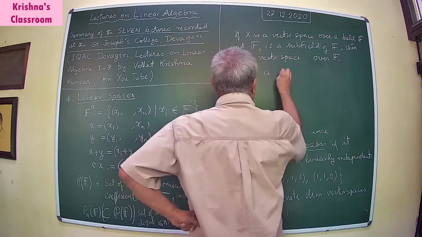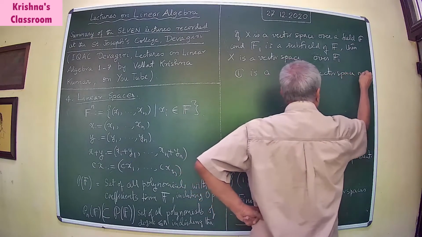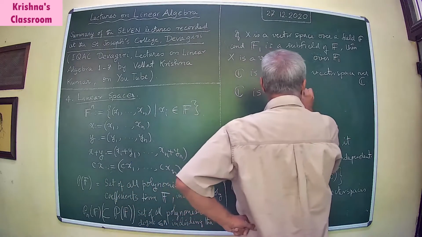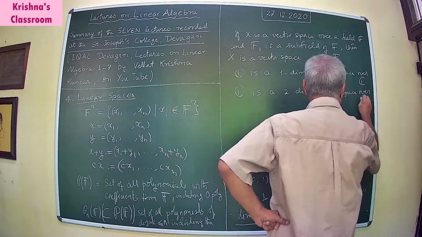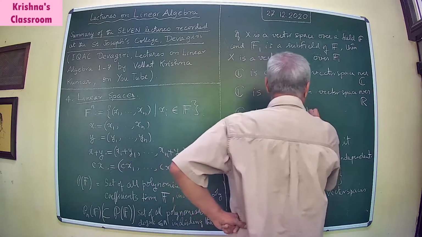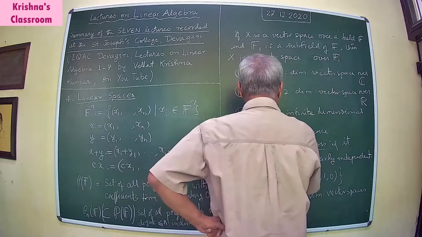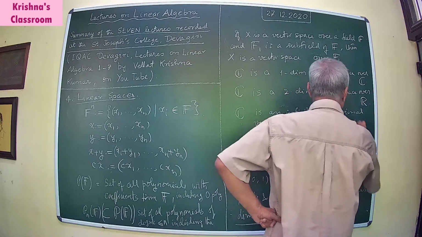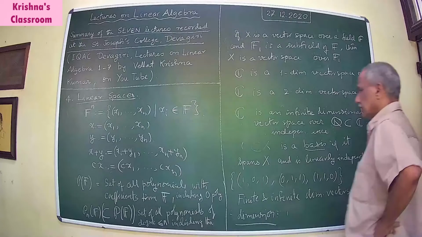C is a one-dimensional vector space over C. C is a two-dimensional vector space over R. C is an infinite dimensional vector space over Q, the field of rationals.